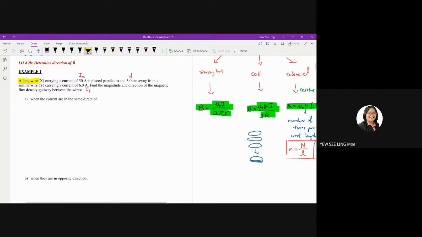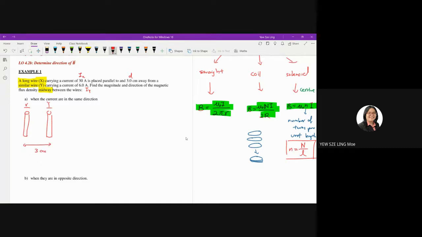Find the magnitude and direction of the magnetic flux density midway. The keyword is midway. So you have wire X and wire Y, and you want to find the magnetic field midway between the wires. Let's look at the diagram in 3D form first. This is a 3D diagram. You have conductor X, and then you have conductor Y. The distance between them is 3 cm.